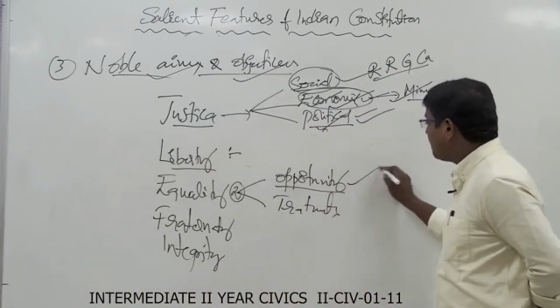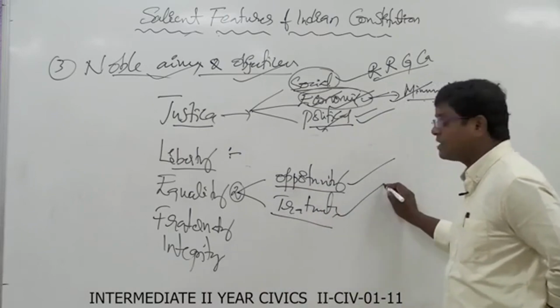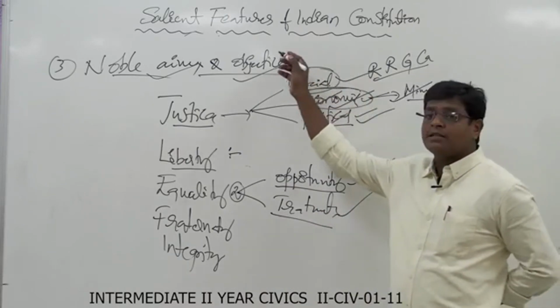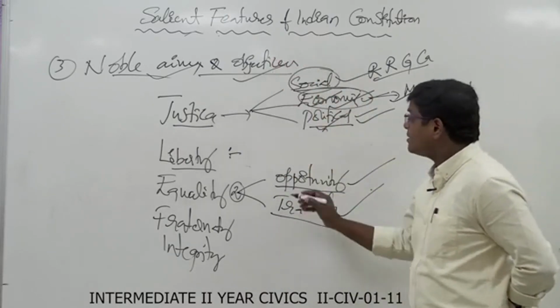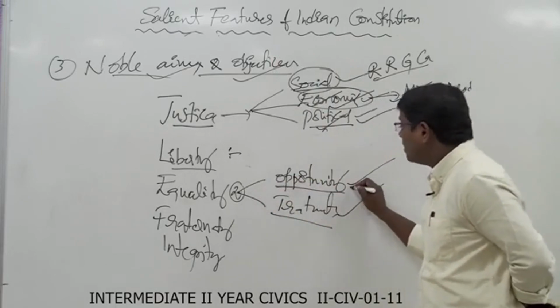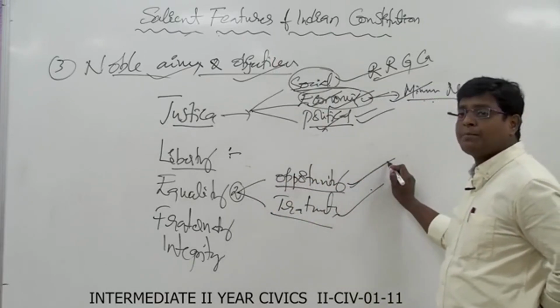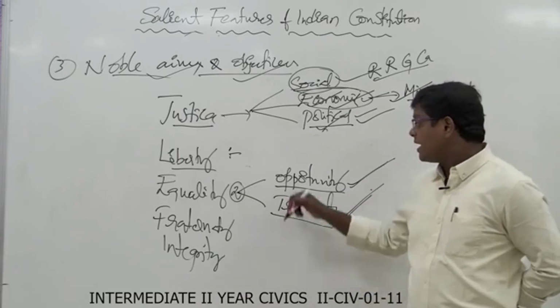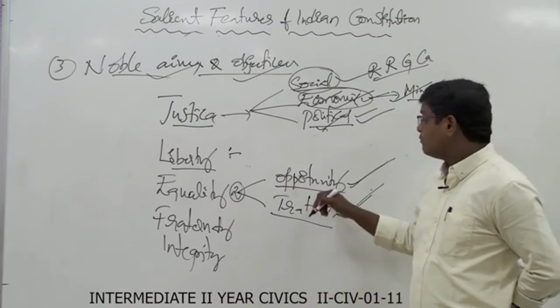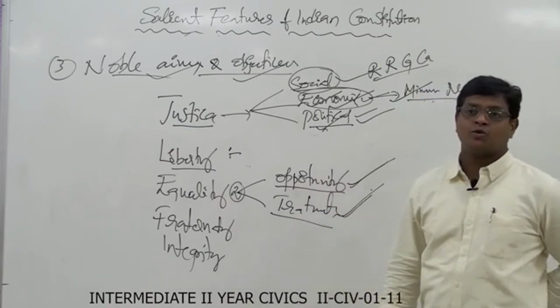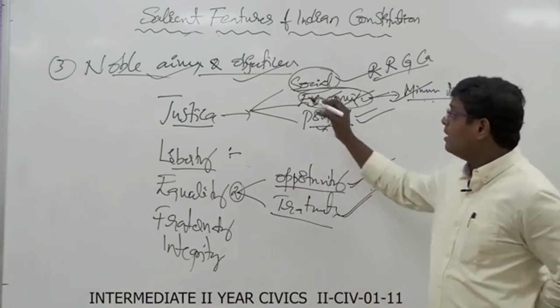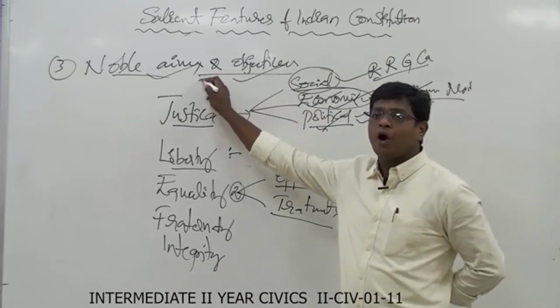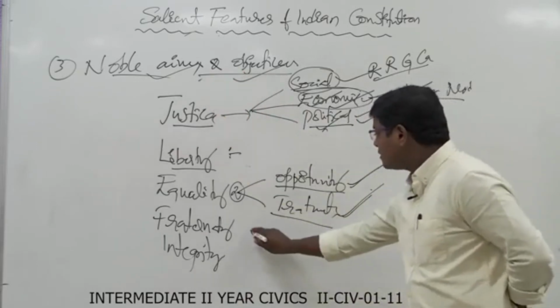Equality in the matters of opportunity and equality in the matters of treatment shall be provided by the state. That's why the state of India shall provide equal opportunity and equal treatment to the people of India. That means elimination of discrimination for providing equal opportunity to all citizens of India as a noble aim and objective.